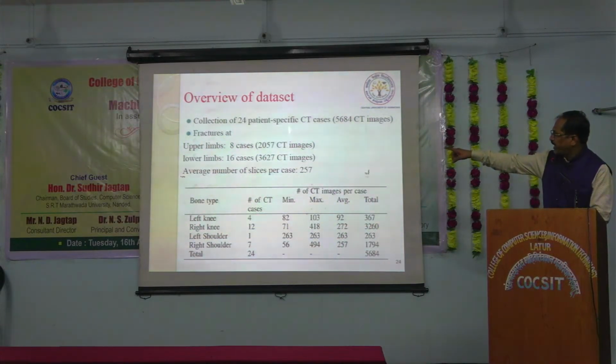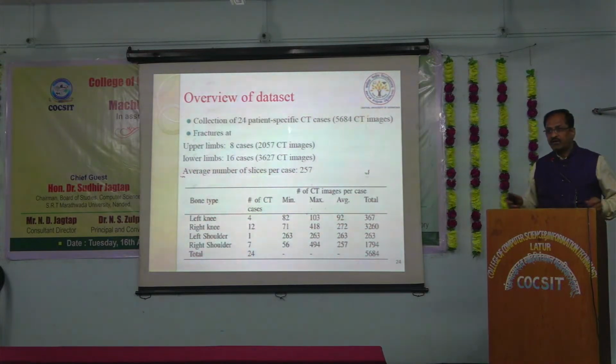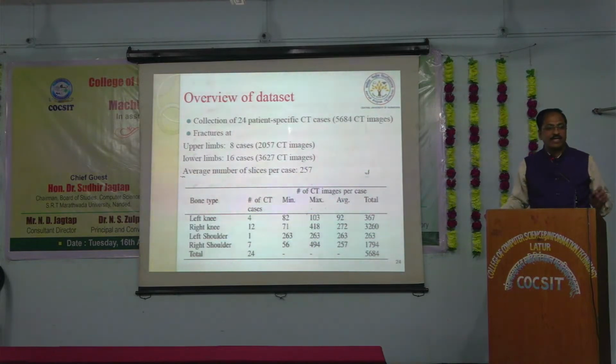Among the 24 cases, 8 cases are from the upper limb, with 2,057 CT images, and from the lower limb we considered 16 cases, which is 3,627 CT images. The average number of slices per patient-specific CT case is 257 images.